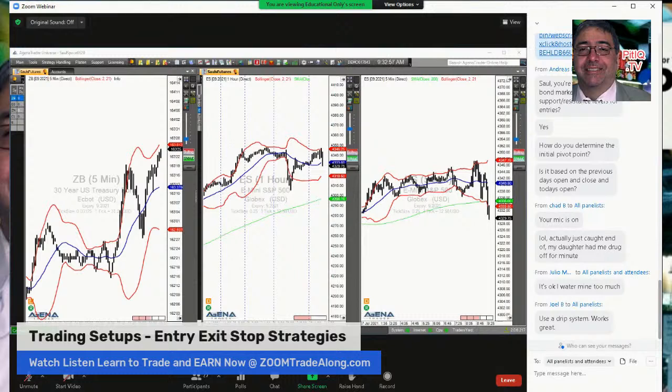Now we're coming down here to the 29 area. All right, nice little rotation here. Again, we're scaling in, right? How you scale in is a totally individualized situation. We did get down to 9.5, got a little bit of a pop back up, coming back down here.